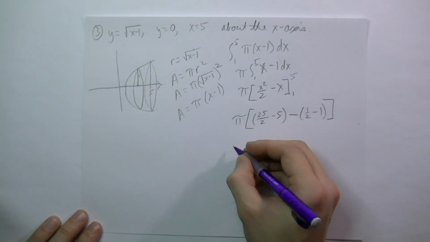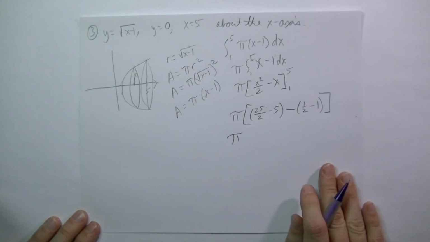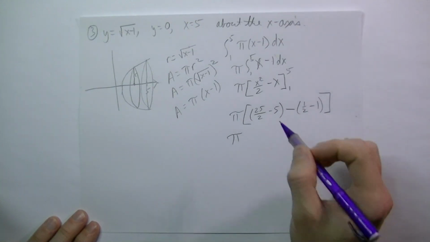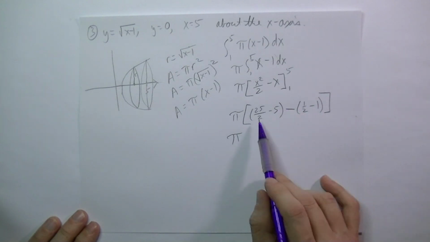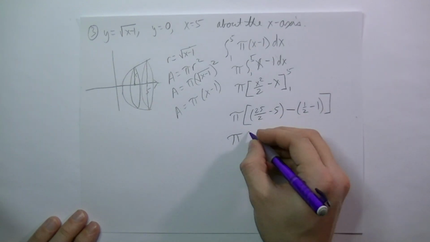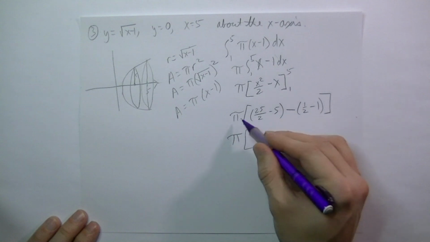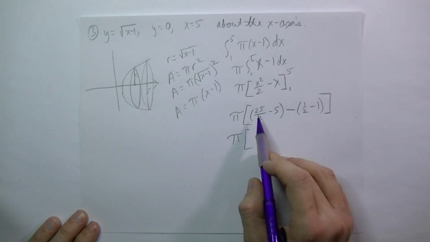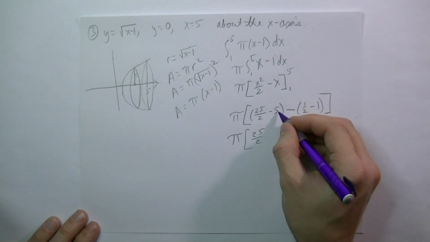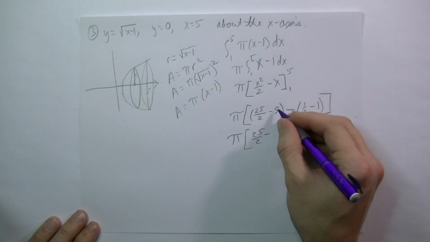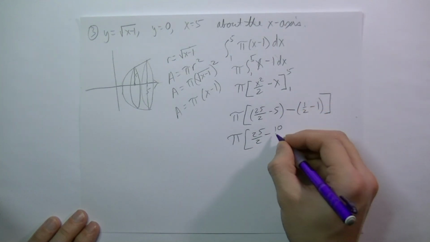okay, and let's see, I'm just going to go ahead and give them all a common denominator, which will be 2, and fix the parentheses in this negative issue here. So this is fine, 25 over 2, minus, I want this to be over 2, so I need to multiply by 2 over 2, that gives me 10 over 2.